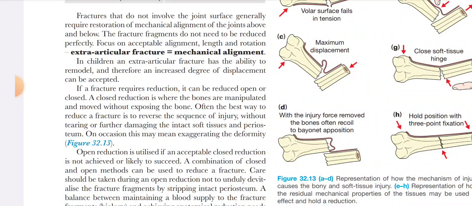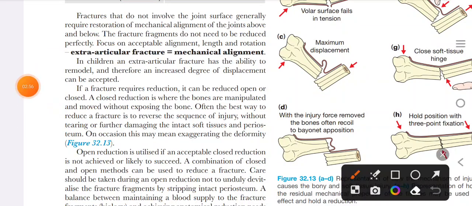For each bone, there is different reduction acceptability criteria. We don't need to go in that detail. Just remember, for extra-articular fractures, we don't need 100% reduction. Mechanical alignment should be restored. In children, there is great potential of remodeling. Hence, greater degree of displacements can be accepted.